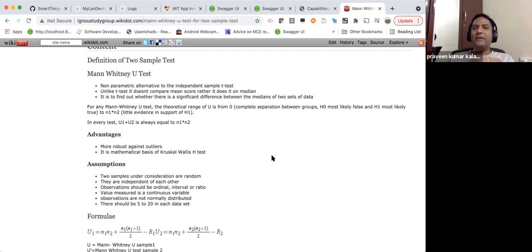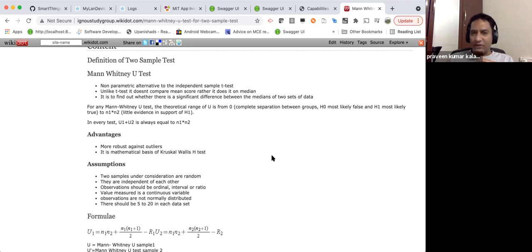For the same problem statement in a non-parametric scenario, the Mann-Whitney U test is used. So the Mann-Whitney U test is the non-parametric version of the t-test. Whatever problem statements you see for the t-test, the same would apply to Mann-Whitney, except the variable types are different.